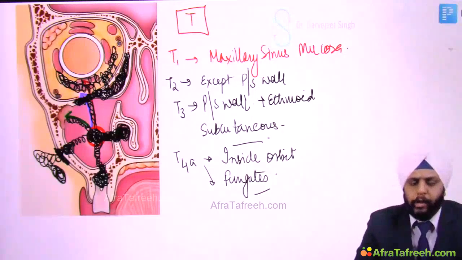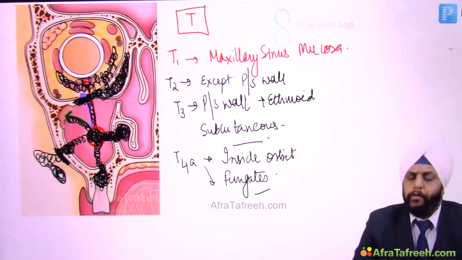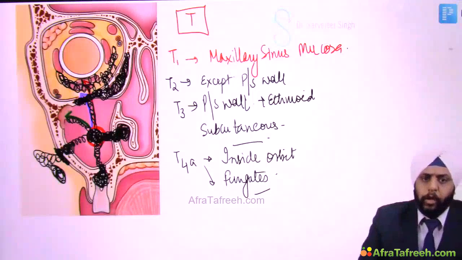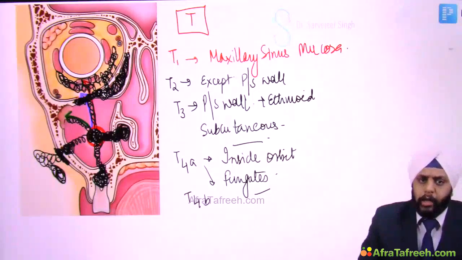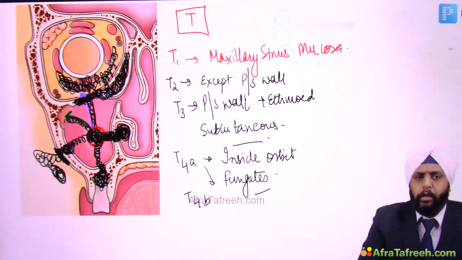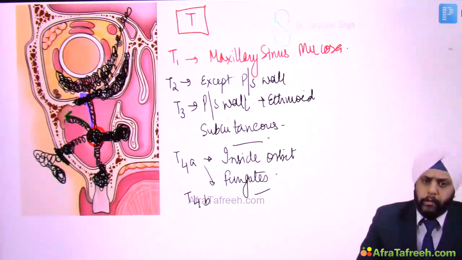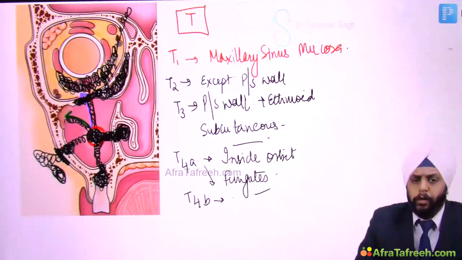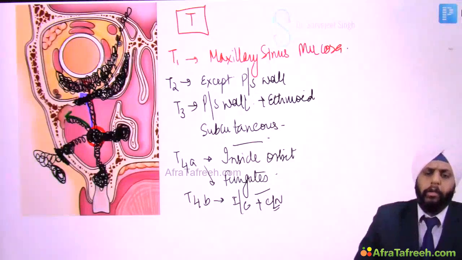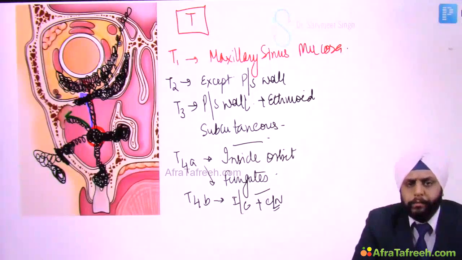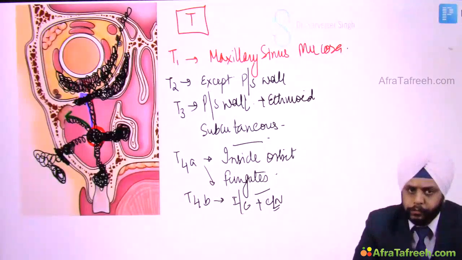It's a malignant ulcer. The malignancy has burst and come out on the skin of the face, right? So that we will call T4A. Now, if it involves the cranial nerves over here, or it goes into the intracranial cavity, then it is known as T4B. So that is the T staging for maxillary sinus carcinoma, right?